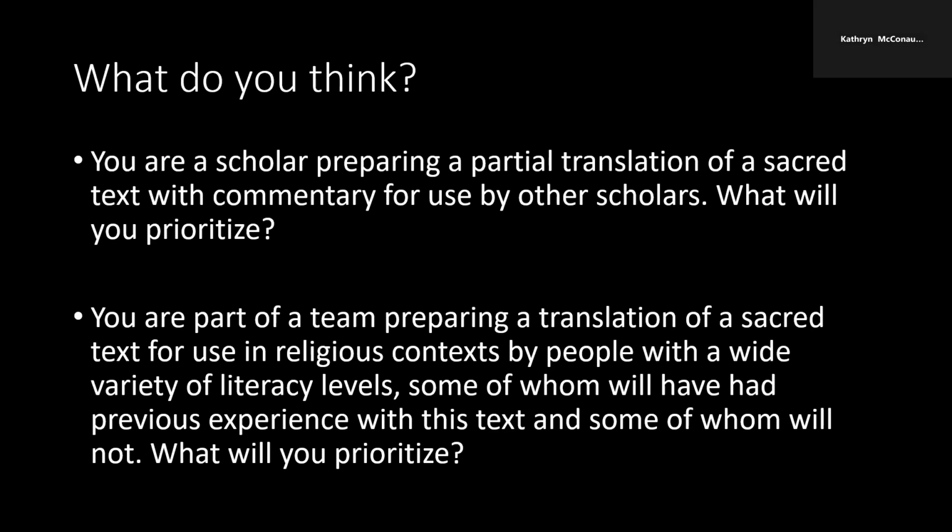Or what if you're part of a team preparing a translation for use in religious contexts by people with a wide variety of literacy levels, some of whom will have had previous experience with the text and some of whom will not? What do you think you would prioritize? How far would you go along the spectrum from authenticity to accessibility? What would you do? It's not actually an easy choice, is it? It's not actually easy to figure out how to handle this.